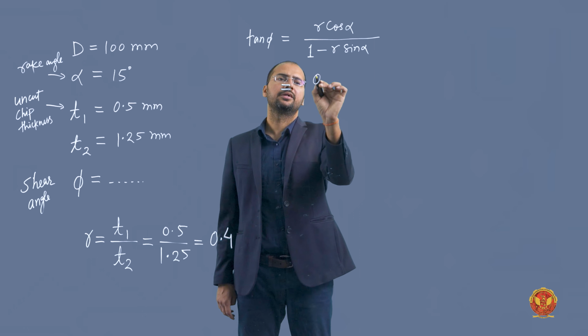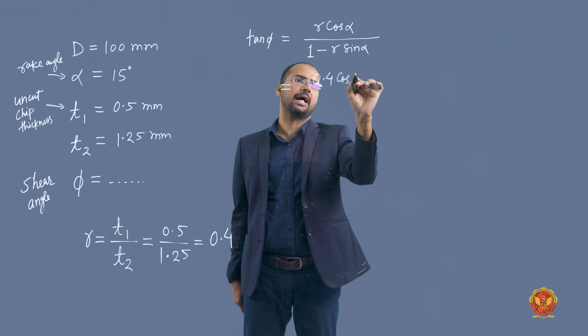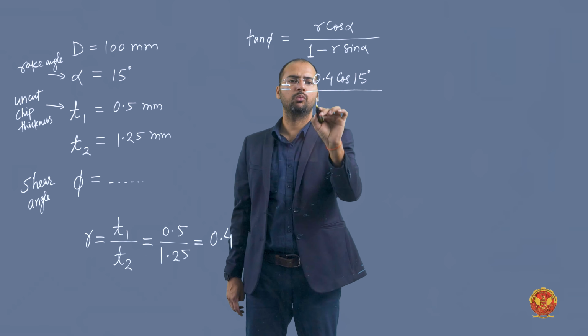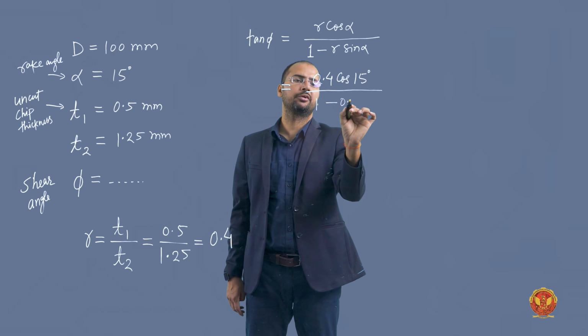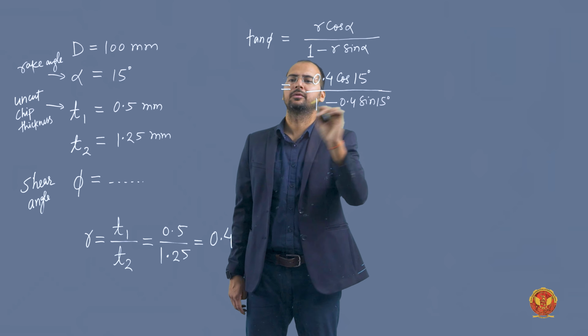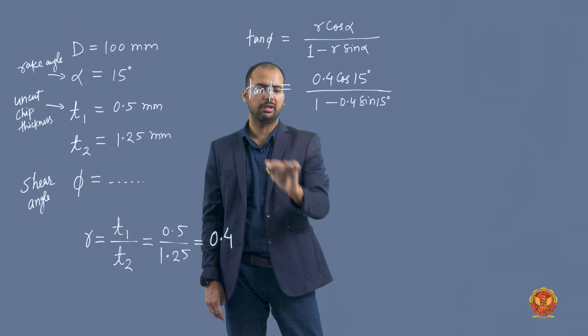So here we can write tan phi equals 0.4 cos alpha, where the value of alpha is given in the question as 15 degree, divided by 1 minus 0.4 sin 15 degree. This is tan phi. We have to find out the value of phi.